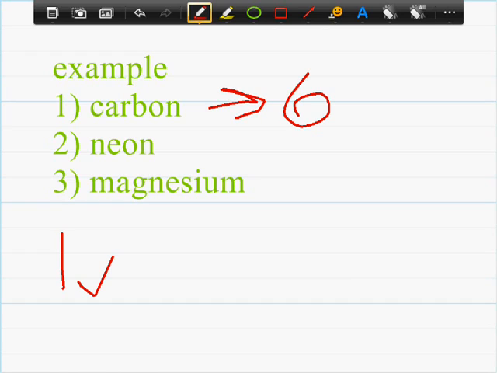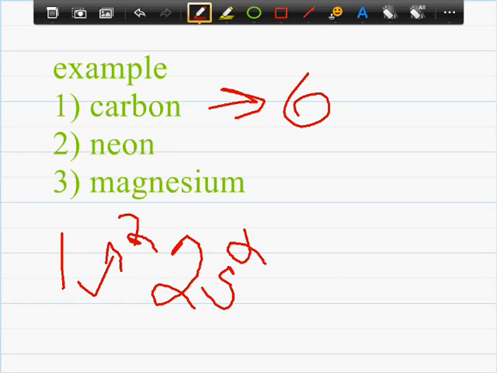and we fill that completely, which can hold 2. We have 2s, and we fill that completely, which also can hold 2. Then after 2s comes 2p.